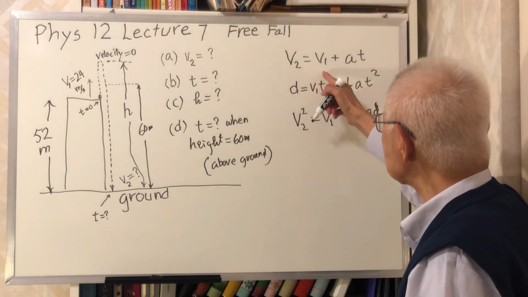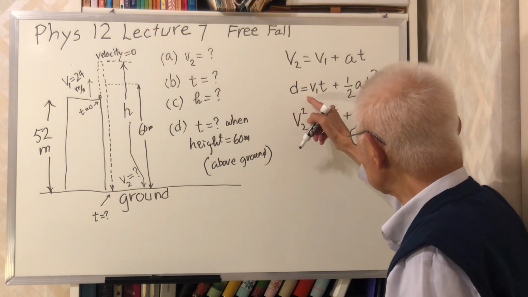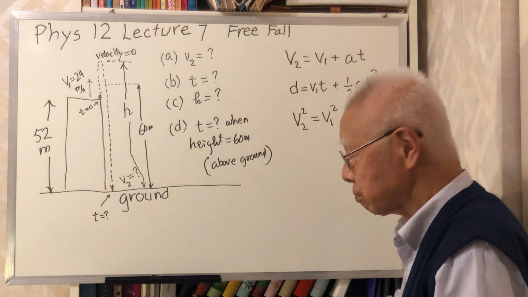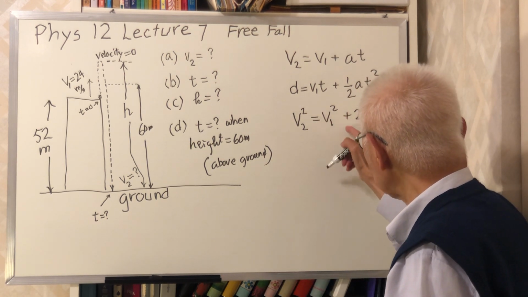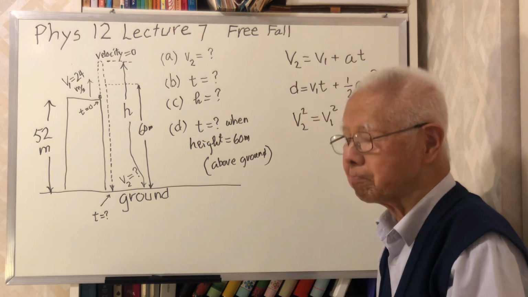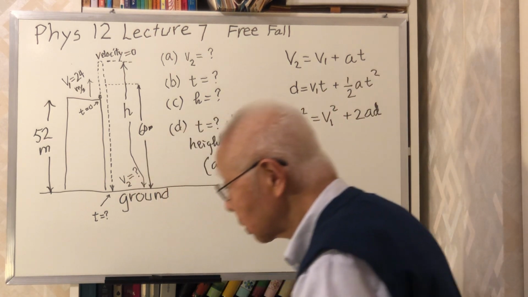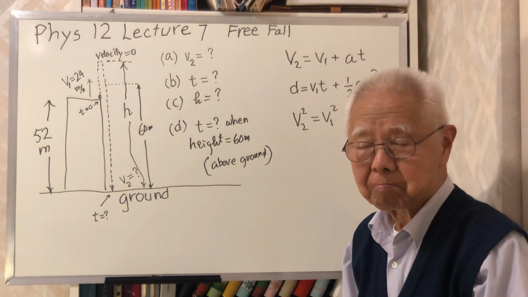V2 equals V1 plus AT. D equals V1T plus 1/2 AT squared. V2 squared is equal to V1 squared plus 2AD. So this is simple to remember.